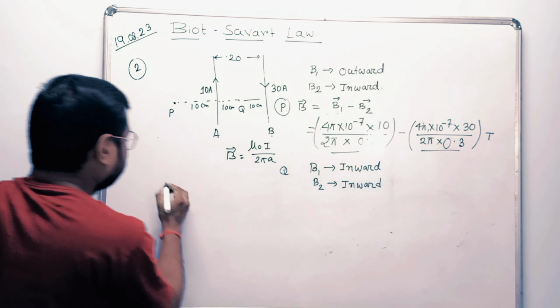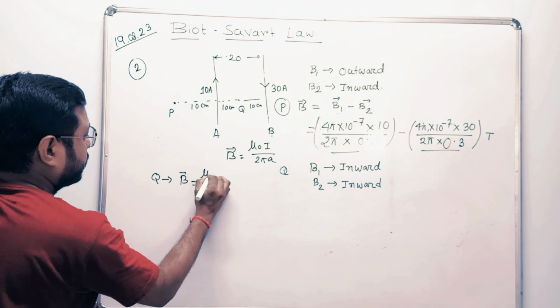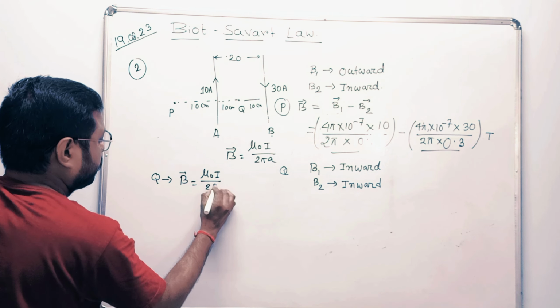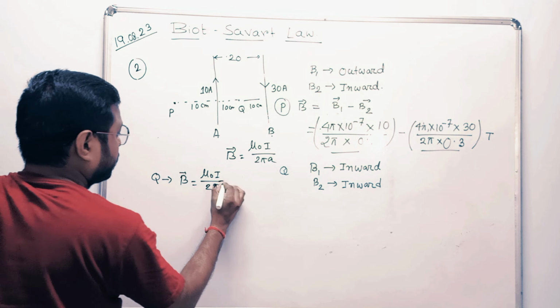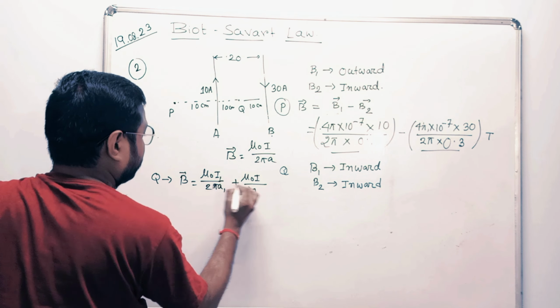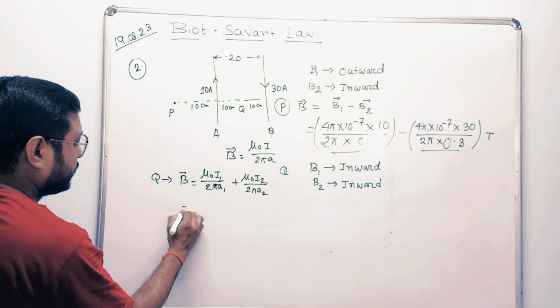So the resultant magnetic field at Q becomes mu naught I1 by 2 pi A1 plus mu naught I2 by 2 pi A2. A1 is the same, 10 cm.